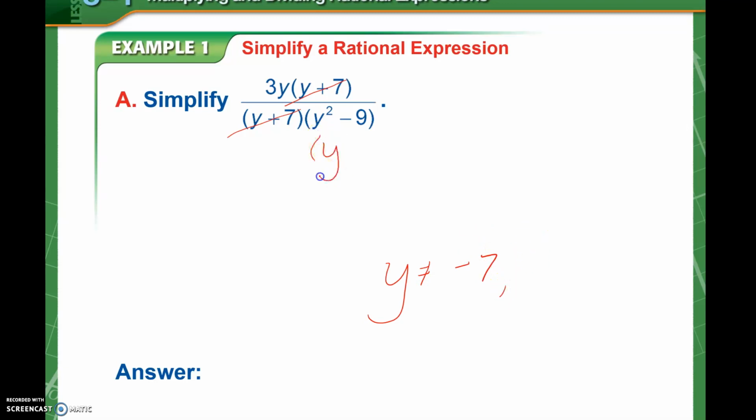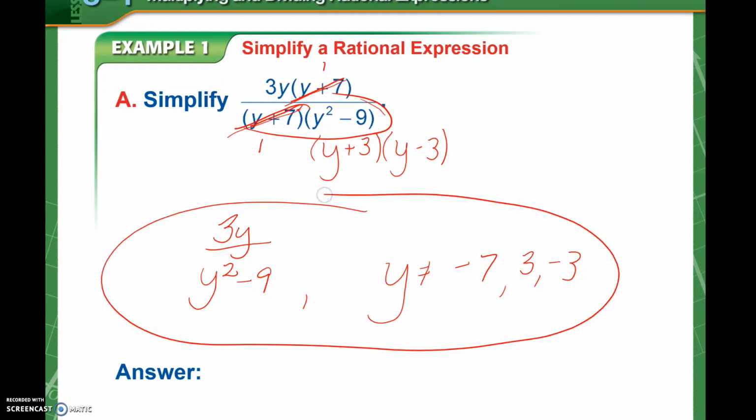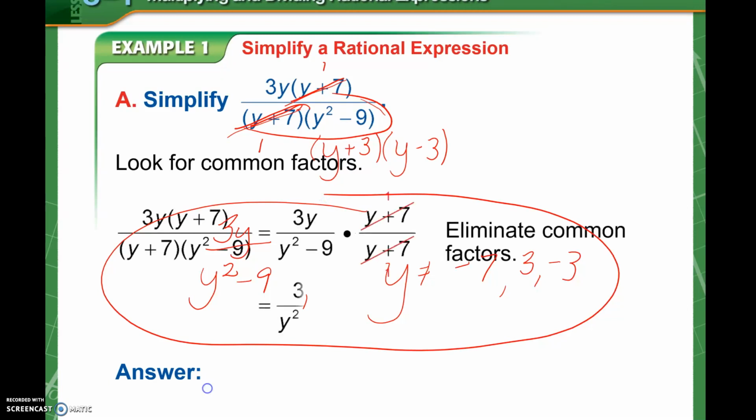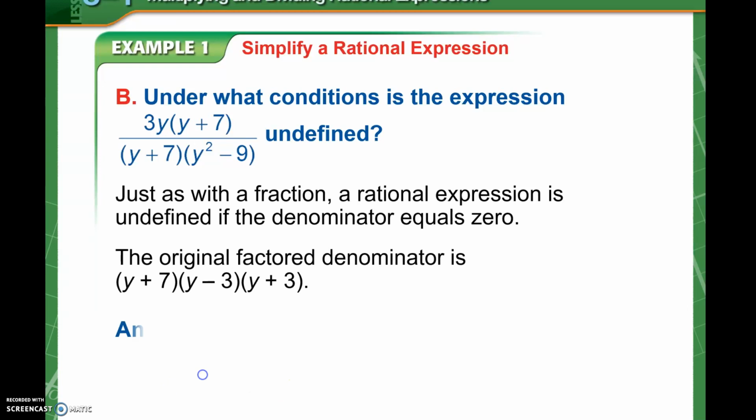And we know this goes to y plus 3, y minus 3 because it's the difference of squares, so y cannot be 3 or -3, because all those values would give me a 0 in the denominator. Then we factor or simplify so that both factors go to 1, because anything divided by itself is 1, and we're left with 3y over y squared minus 9. That's what we talked about in the last lesson with simplifying rational expressions.